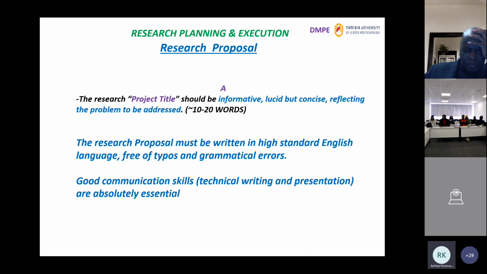So if you have writing problems, talk to your supervisor, talk to the English department staff for help, and seek help as early as possible. If you need an editorial help from a professional or the English department, communication department, please do.